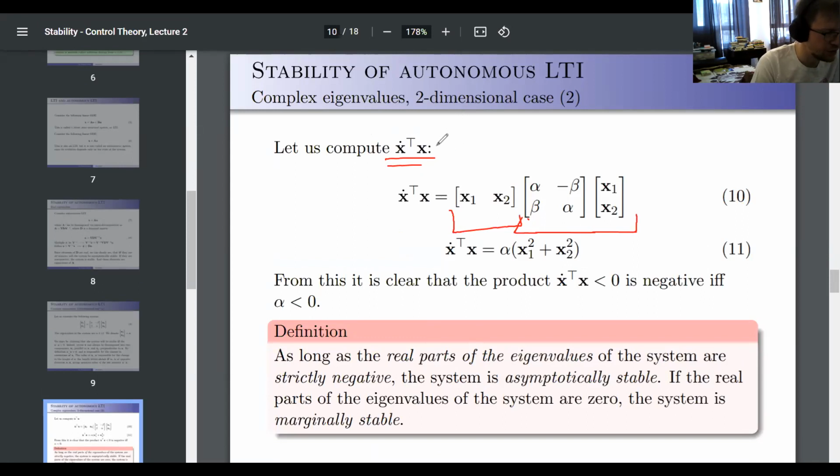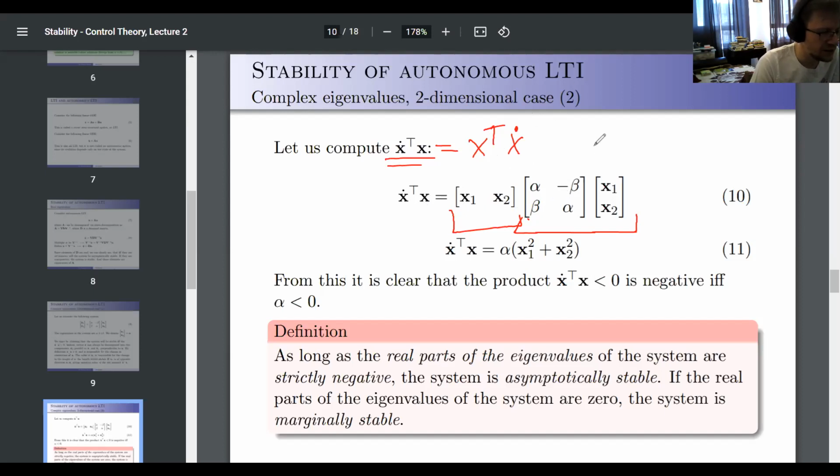I took advantage of the fact that this is the same as this because of the dot product being a scalar, so you can do the transposition. Transpose of a scalar is equal to the original scalar.